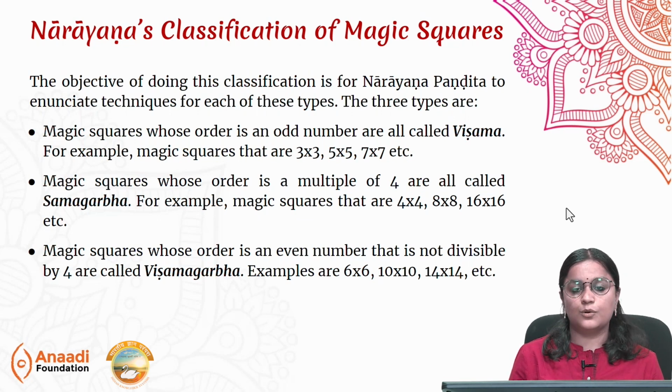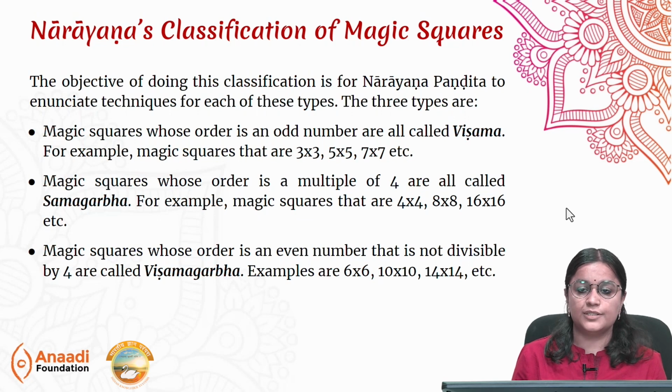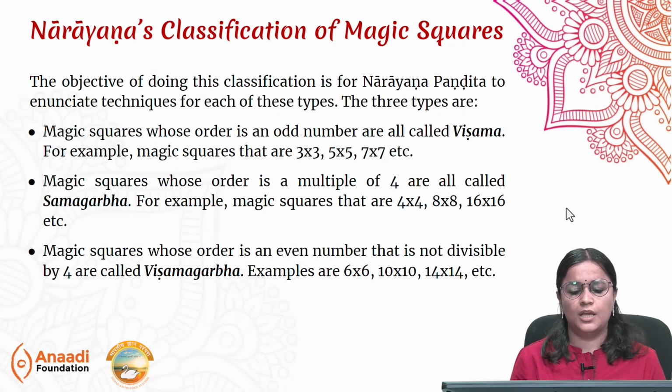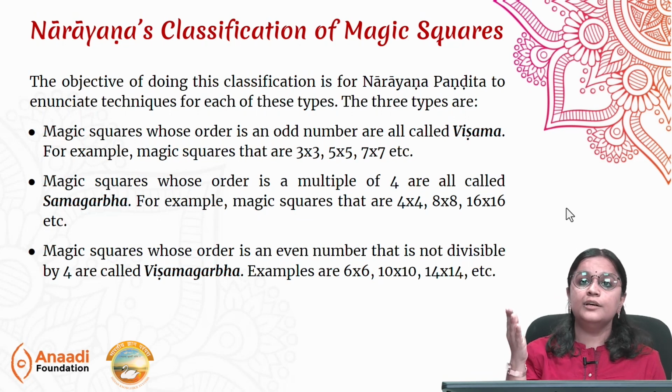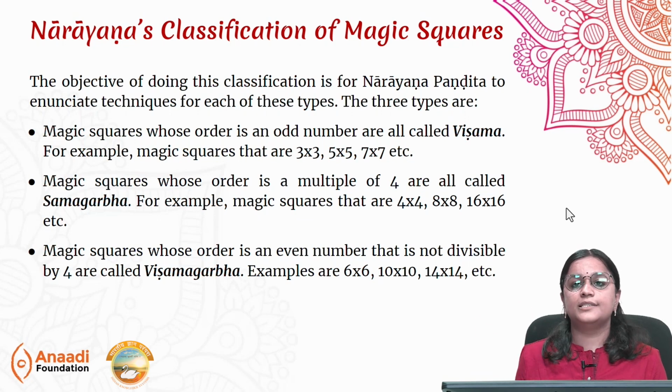Finally, magic squares whose order is an even number that is not divisible by 4 is called Vishamagarbha. For example, 6 cross 6, 10 cross 10, 14 cross 14 and so on. We must keep in mind that it is not possible to construct magic squares of 1 or 2 as the order number. Therefore, here you will see that we begin our examples with the digit 3.